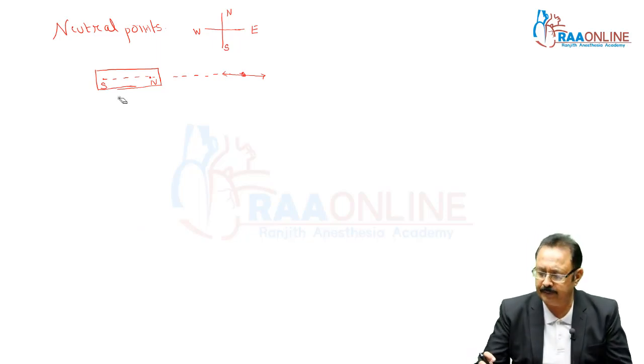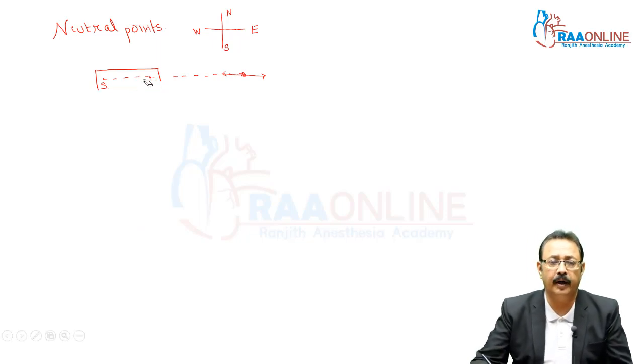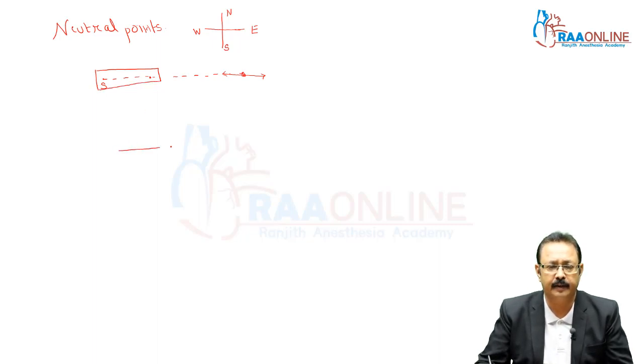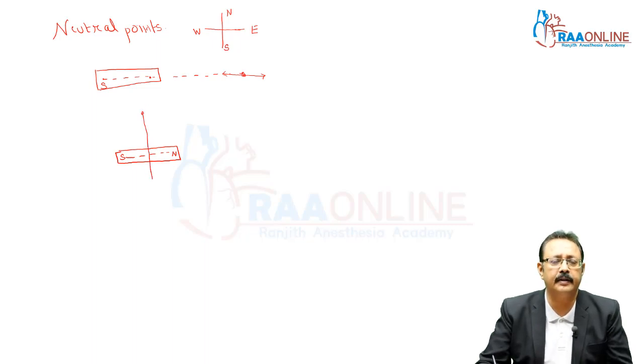But what will happen if now I keep my magnet like this and I am now moving from the axis to this line? What will happen at this line?